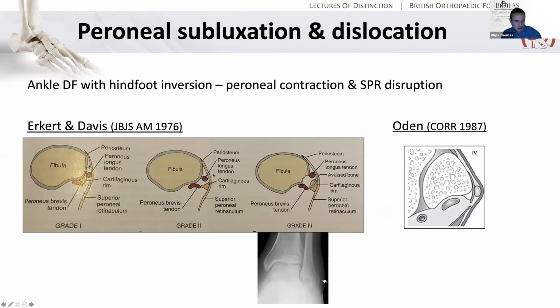In the second case, the retinaculum and the cartilaginous rim are pulled off. In grade 3, this is where you see that fleck sign of the distal fibula, where there's a bony avulsion as well, which is slightly less common. And the fourth type, which is where there is a posterior defect of the retinaculum, which is even less common.